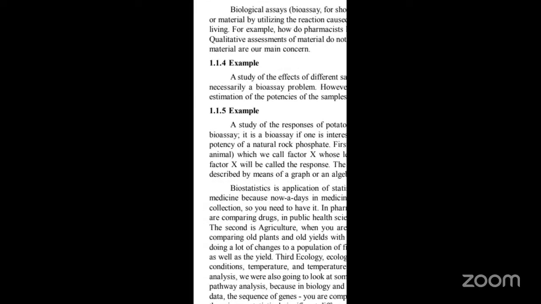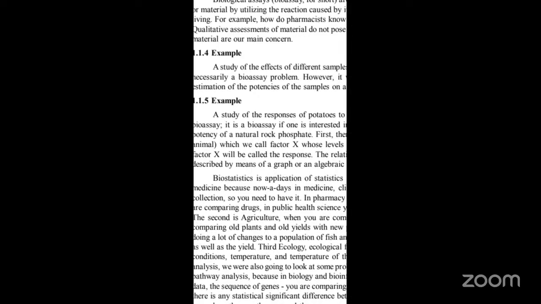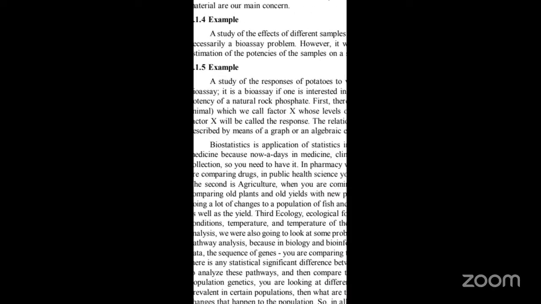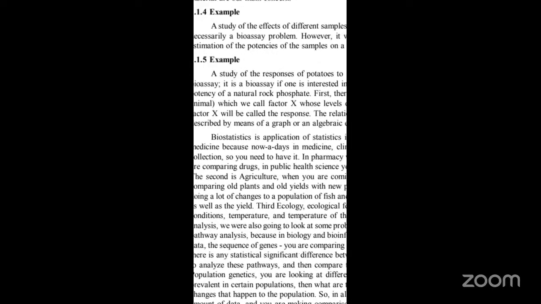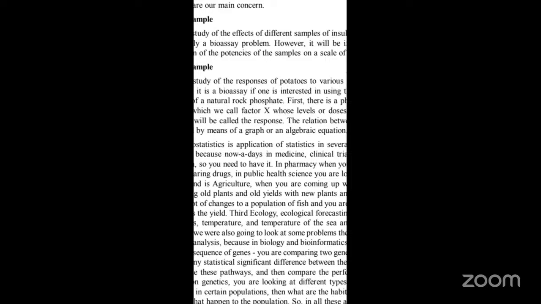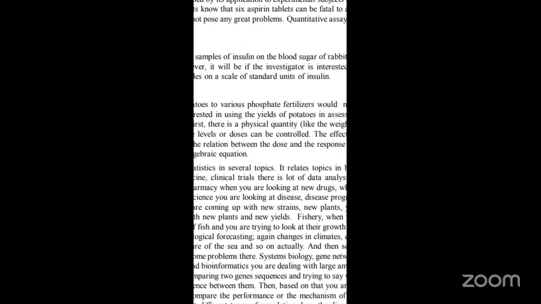Quantitative assays of material are our main concern. A study of the effects of different samples of insulin on the blood sugar of rabbits is not necessarily a binary problem. However, it will be if the investigator is interested in the estimation of the potencies of the samples on a scale of standard units of insulin. So these are very important.